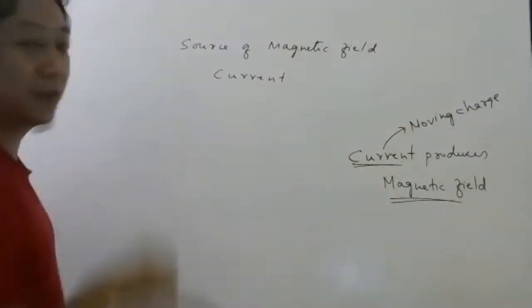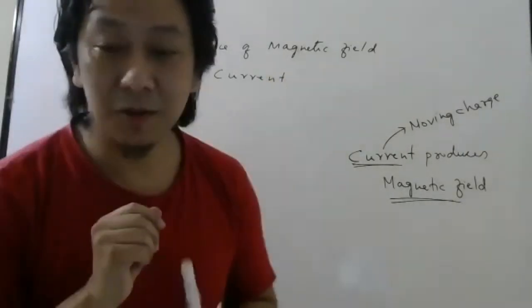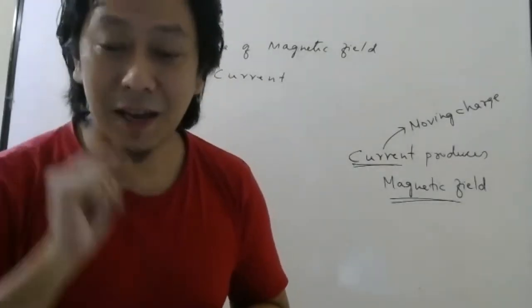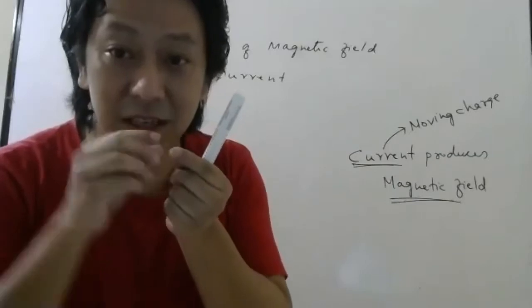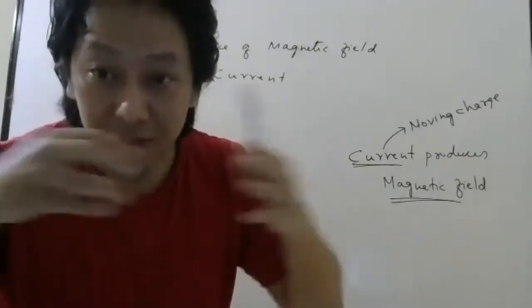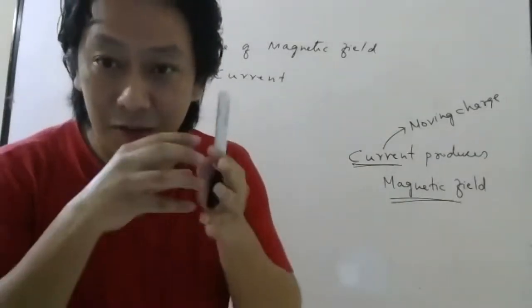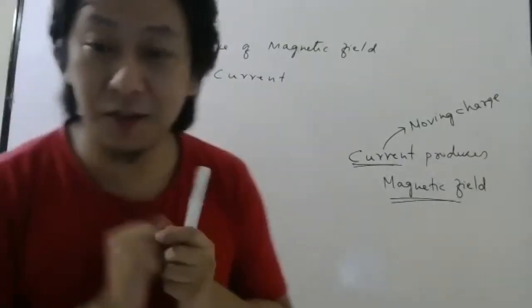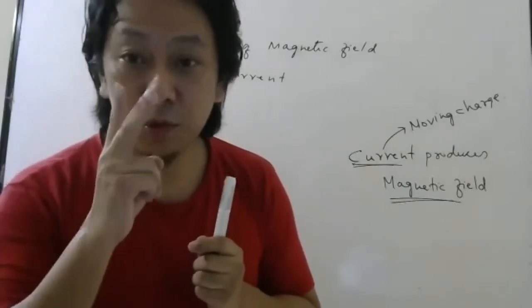Only current. In a later chapter, I will tell you that the reason why magnets produce magnetic field is actually because of the currents in the atoms of the magnet. So every object has atoms. In those atoms, there are electrons. Electrons have two kinds of motion.